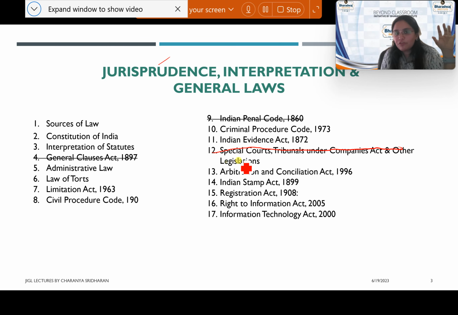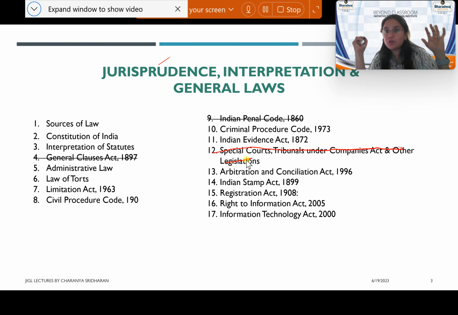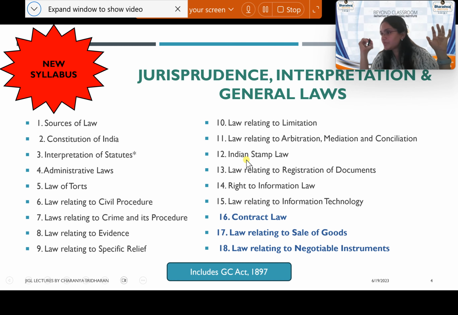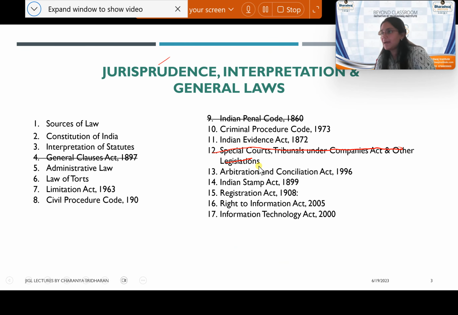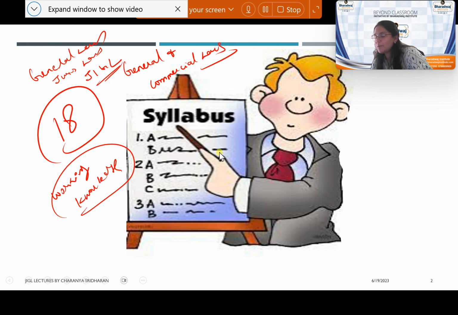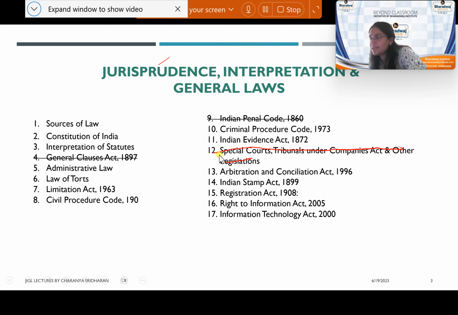How many of you here are from the CSEET model? Put up your hands. I cleared my CSEET and that's why I am sitting here. Only 1? 2? Nobody else? Only 2 of you. Can I assume the rest of you are direct entry students?